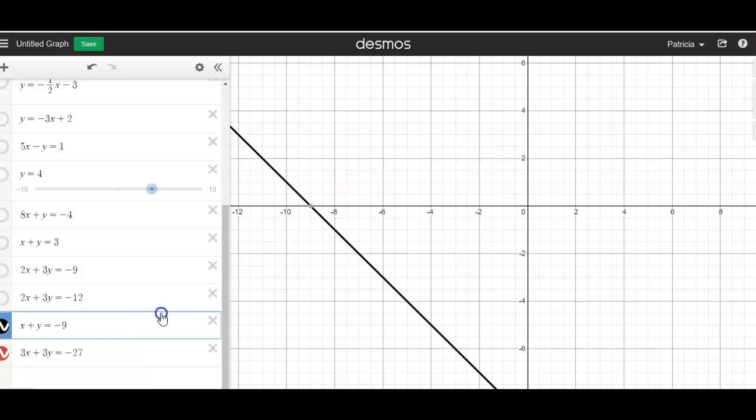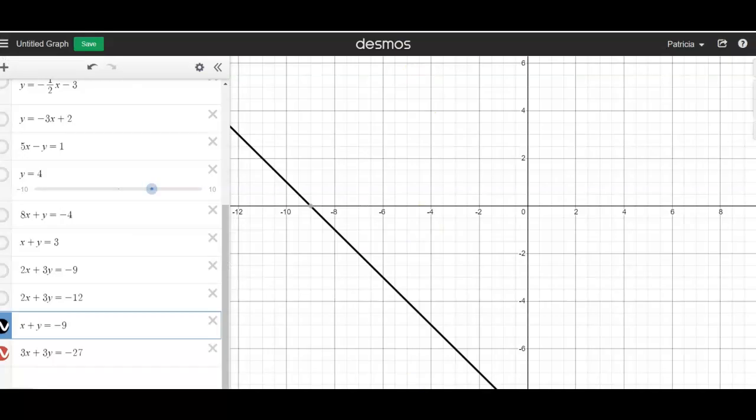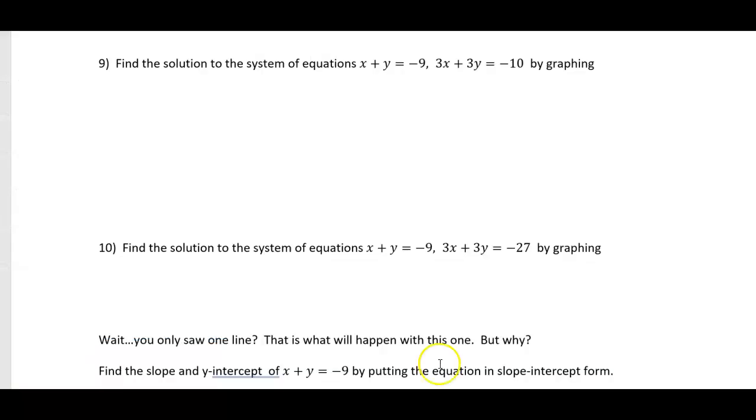They both have the same slope and the same y-intercept, so they're the same line. If two lines have the same slope and the same y-intercept, they are the same line. This is a case where you get infinite solutions.